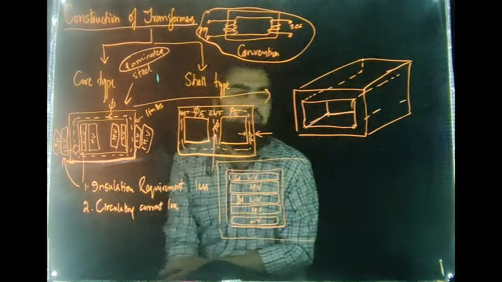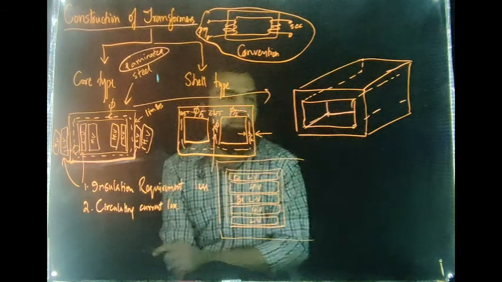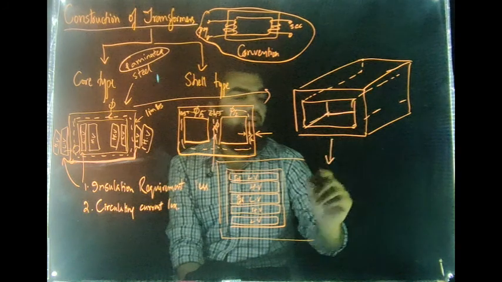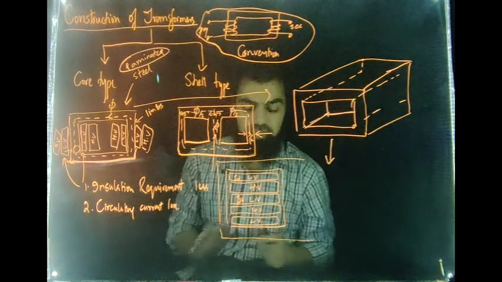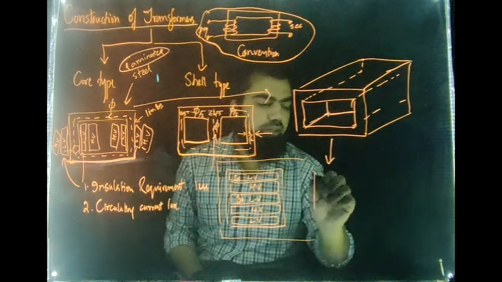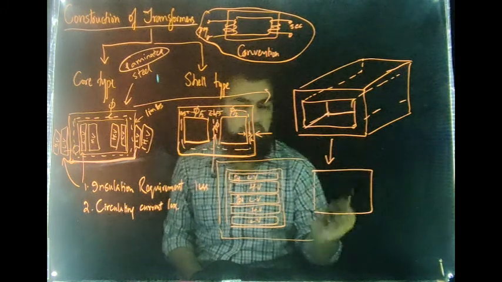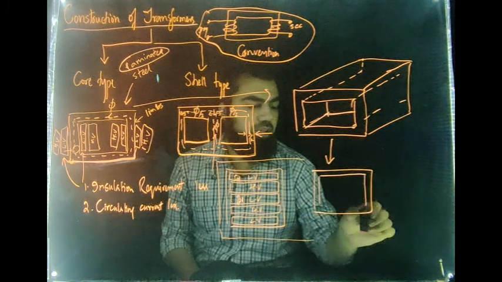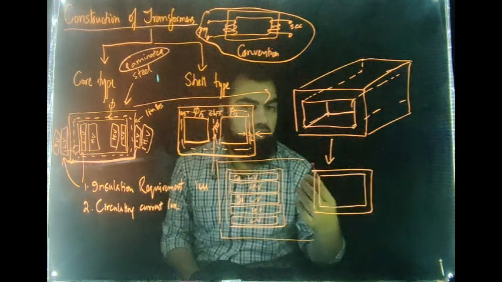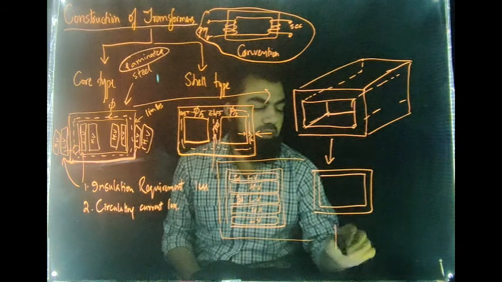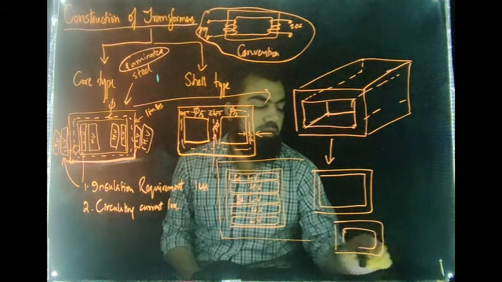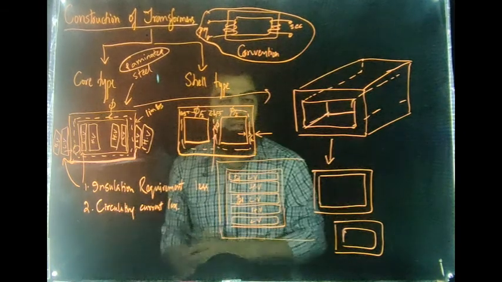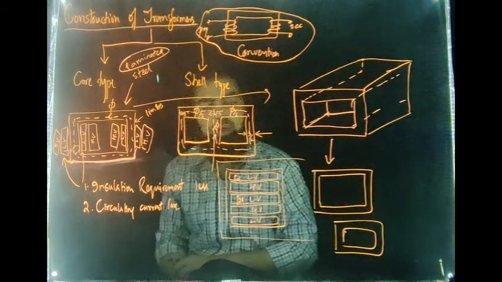So we have a solid structure around which the windings are done. Now this solid structure is made up of a number of laminations. Laminations means we take thin sheets of steel. You may have one sheet of steel, then another sheet of steel. You place them on top of each other and make a stack that will form your core.